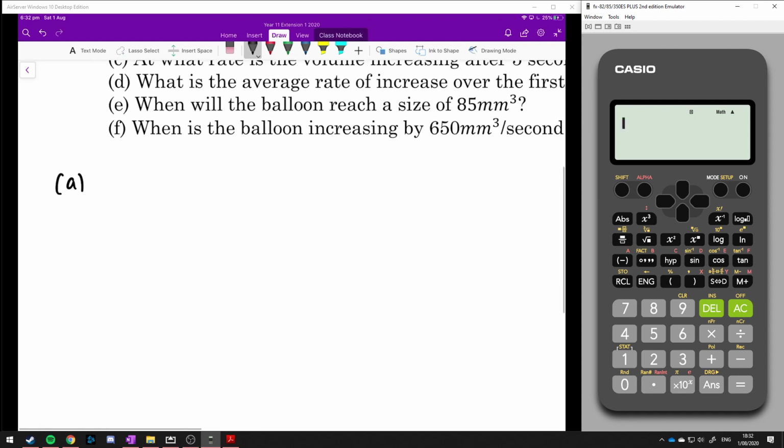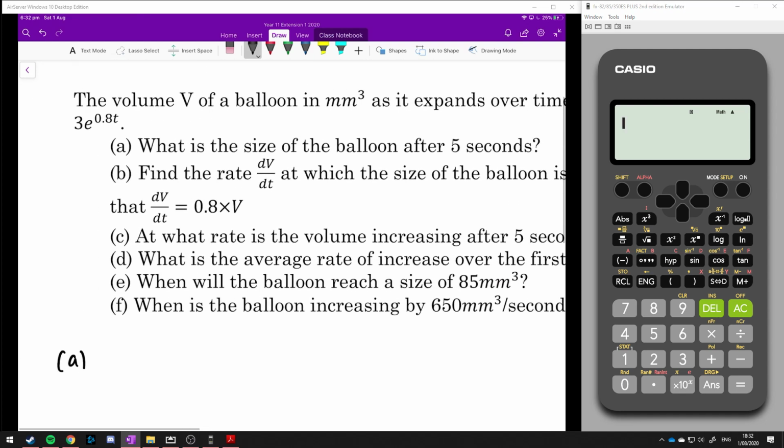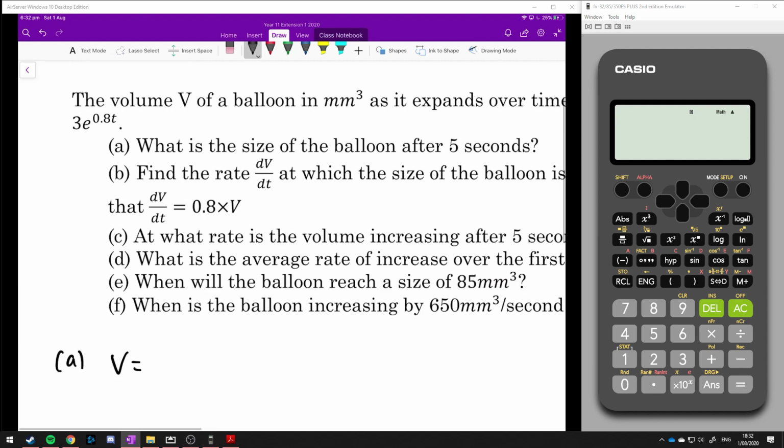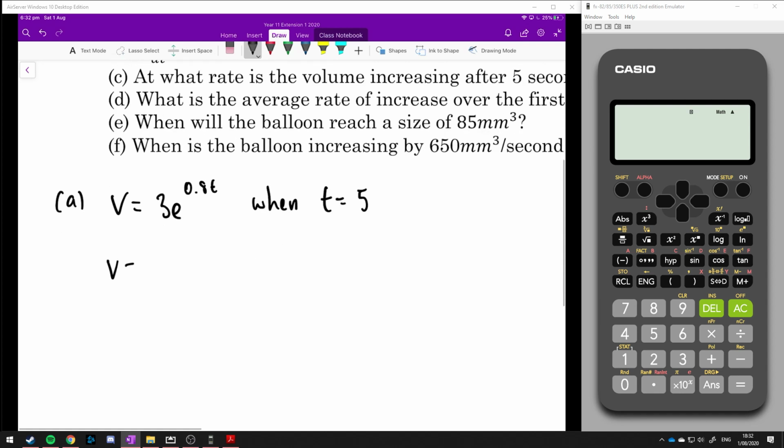So part A is, of course, what is the size of the balloon after 5 seconds? So we're going to substitute our 5 into our equation. V is equal to 3e to the power of 0.8t when t is equal to 5. So that's V is equal to 3e to the 0.8 times 5.